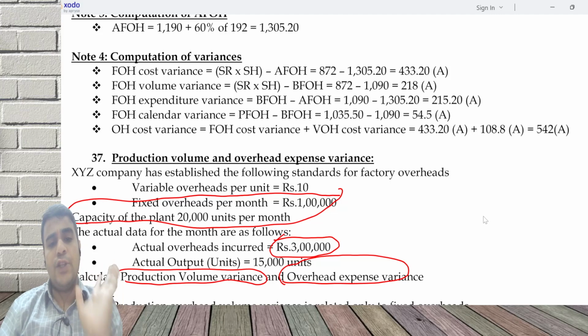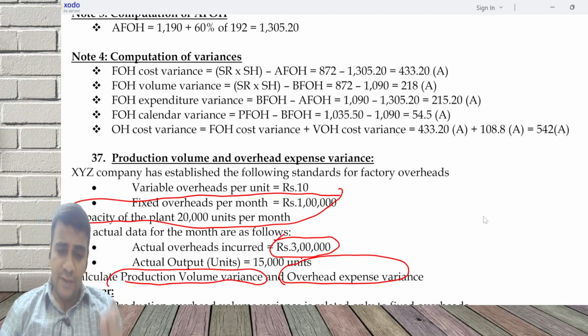Volume means FOH volume variance. You do not have a variable overhead volume variance. Overhead expense variance can be variable as well as fixed. Volume variance is only FOH volume variance, but overhead expense variance will indicate fixed as well as variable.